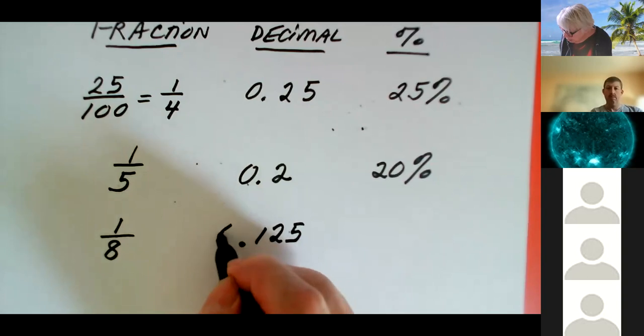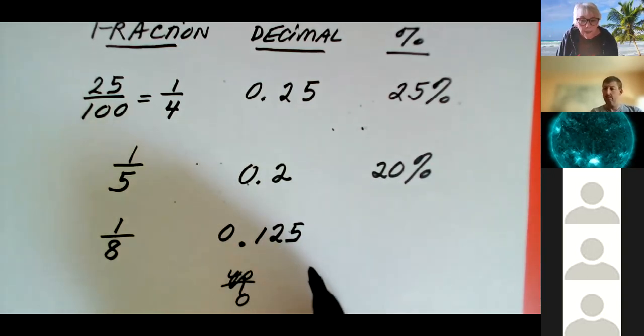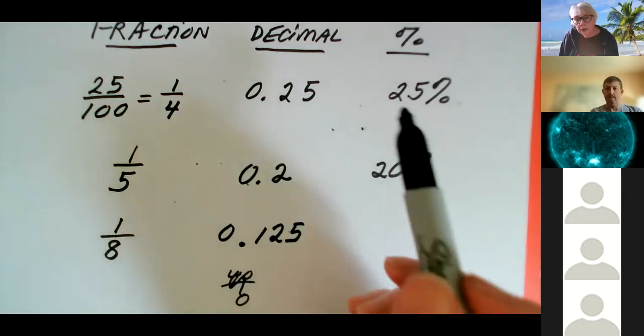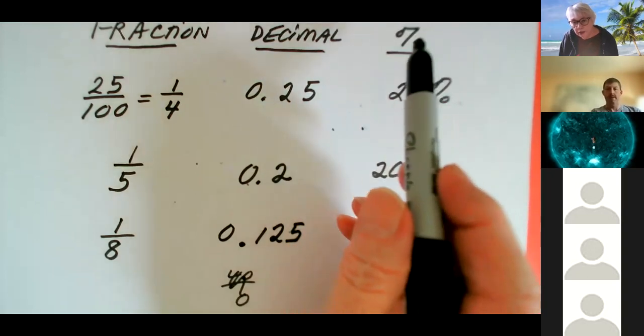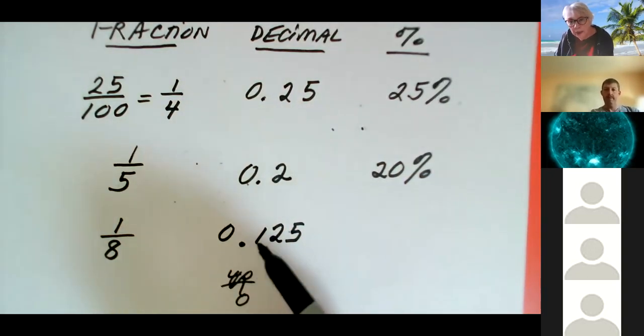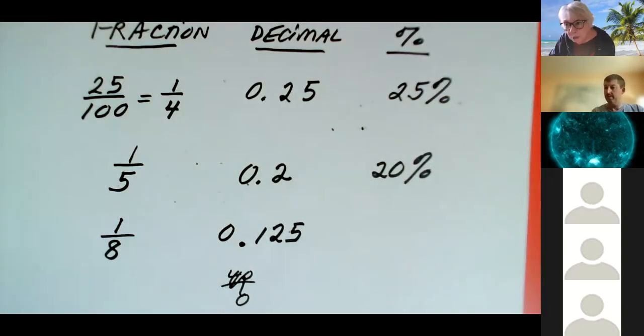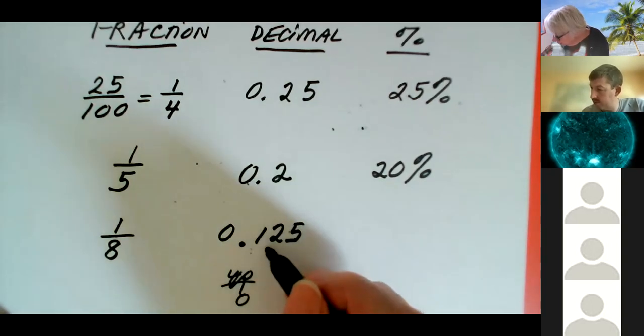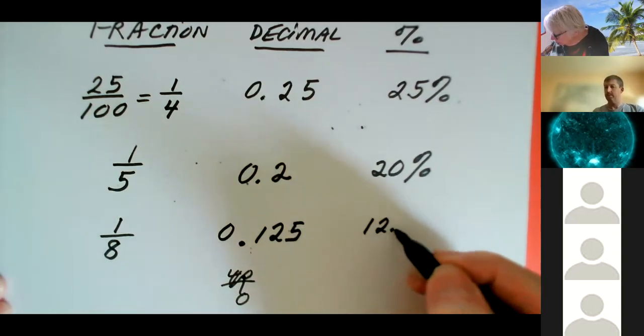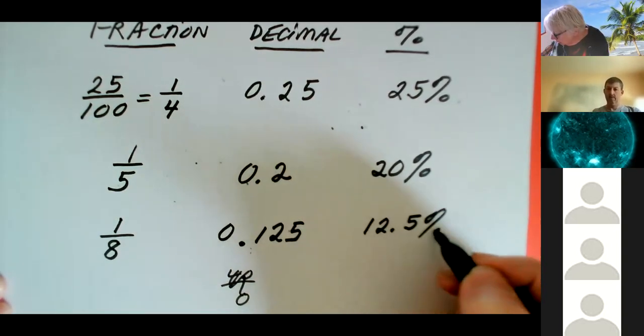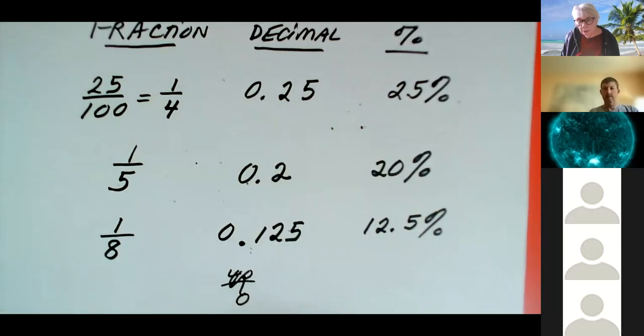Okay, so I did the work on the side. Now, this from here to here, going this direction, literally that way to the right, the decimal goes to the right. And so 0.125 becomes 12.5%.